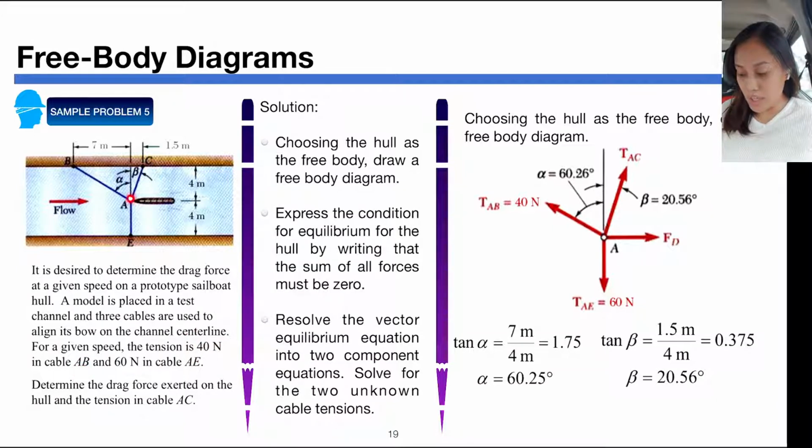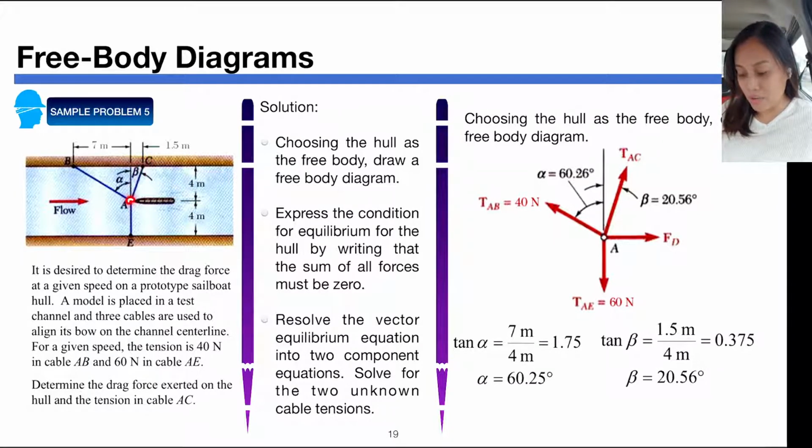So, kanina siya cable exerts a tensile force of 40 newtons. Cable AE also exerts a tensile force of 60 newtons. So, the question is, what is the drag force exerted on the hull and the tension in cable AC?